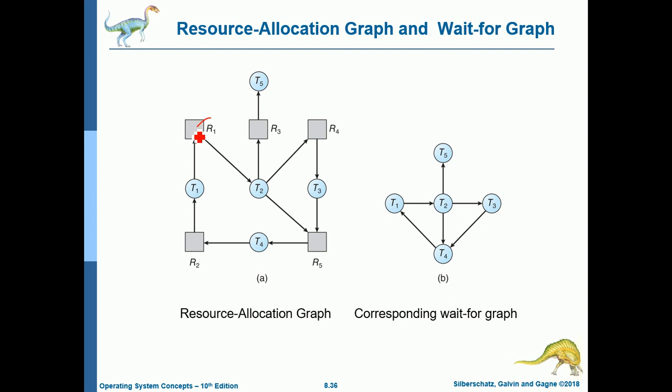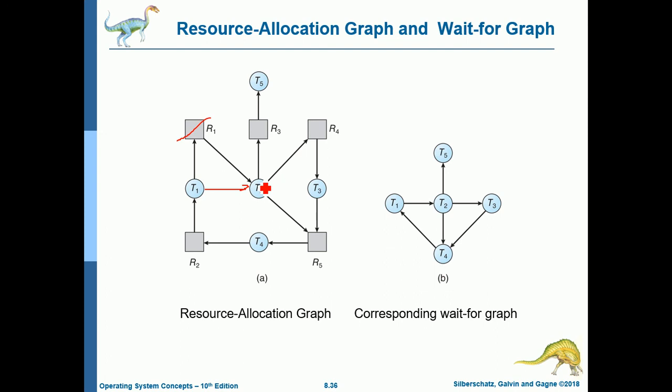So just remove R sub 1, and then since R sub 1 is assigned to T sub 2, connect T sub 1 to T sub 2. And then another one, T sub 2. So this is already okay. T sub 2 needs resource 3 that is held by T sub 5. So let's just redirect it.